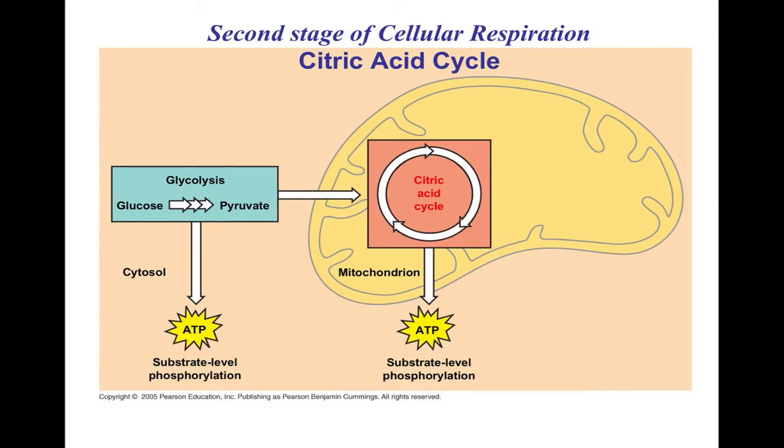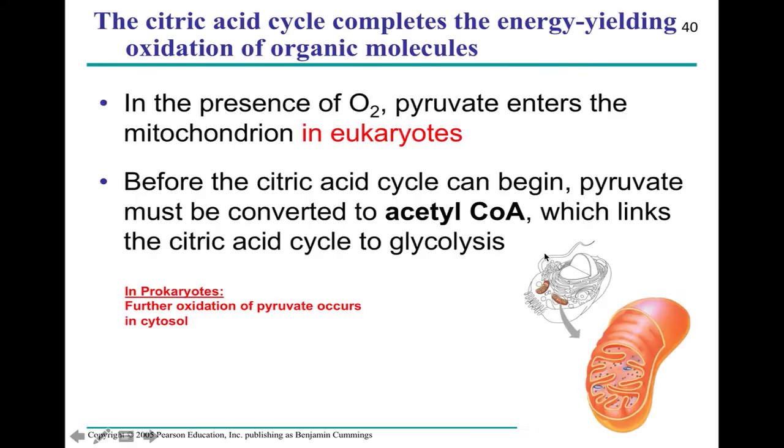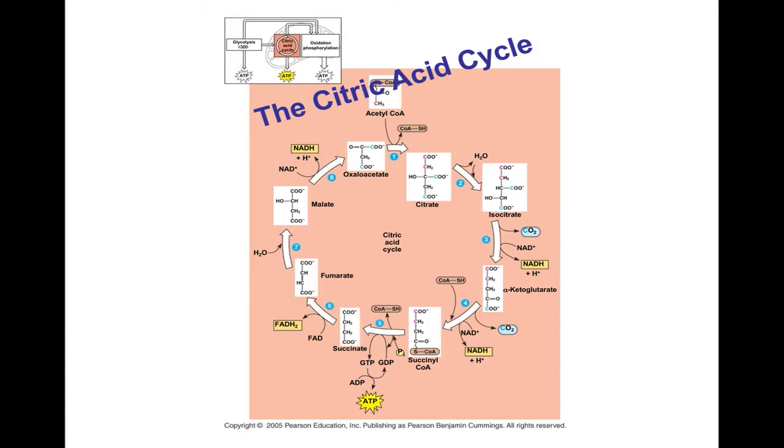Coming to citric acid cycle, yes, this is going to continue in mitochondria in eukaryotic cells. What happens in citric acid cycle is each pyruvate is going to undergo all the chemical reactions which are there in this chart, as you can see, and is converted into or broken down into carbon dioxides.